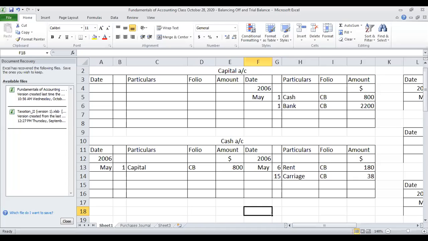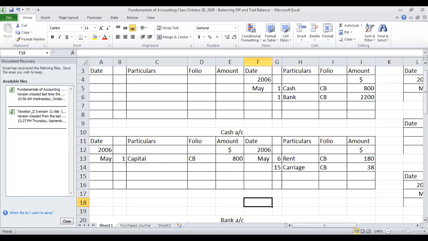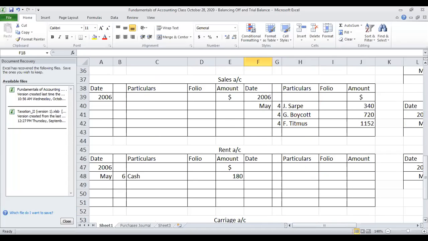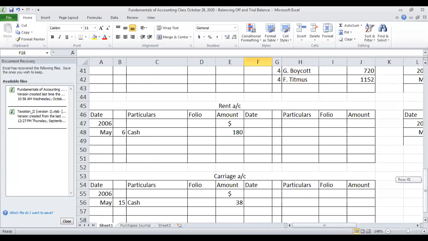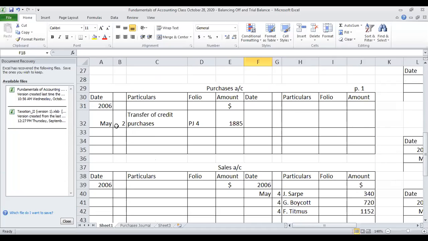All right, so we're going to debit purchases first under the general ledger. Where's it again? See right here. So we're going to debit purchases as May 18. I have P Green and the amount is 291.